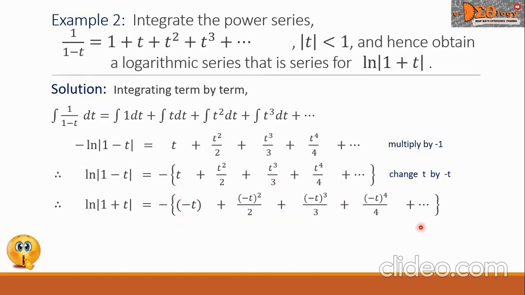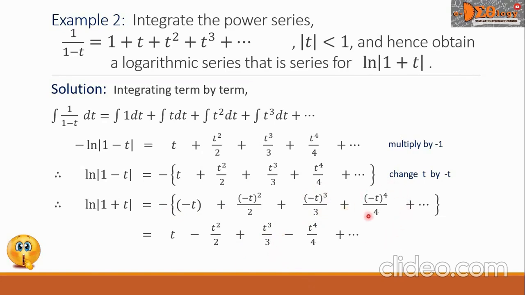And then, let us simplify each of the terms. So the first term here, the negative t, becomes positive t. When we simplify the second term, it becomes the negative of t squared over 2, plus, simplifying the third term with respect to the negative sign outside, it becomes positive t cubed over 3.